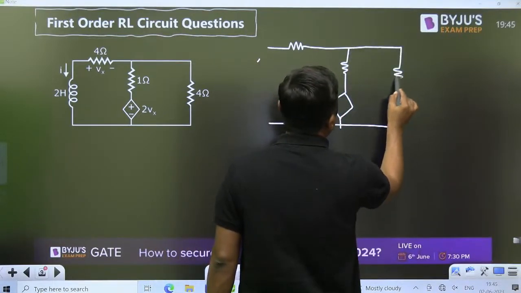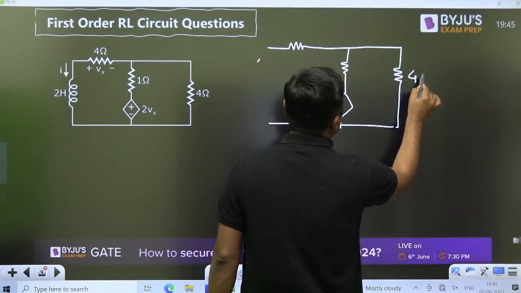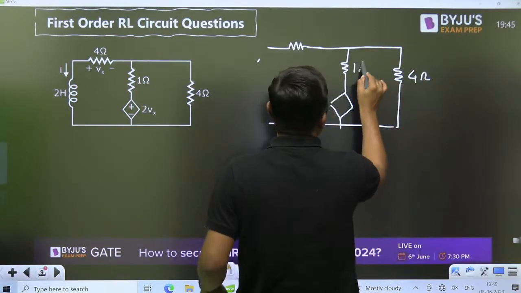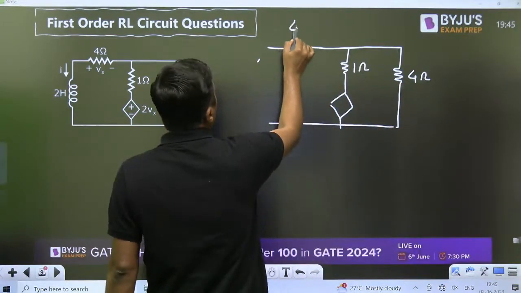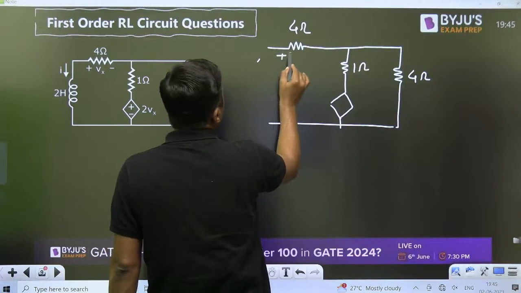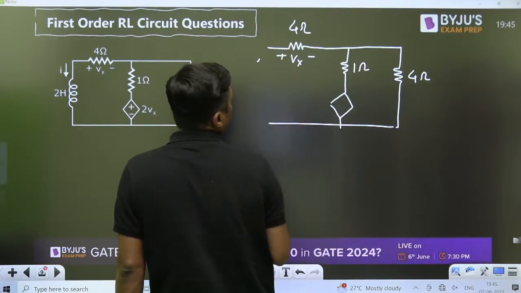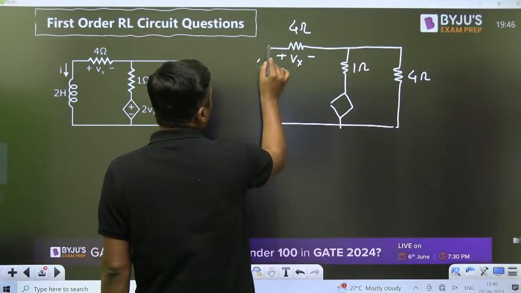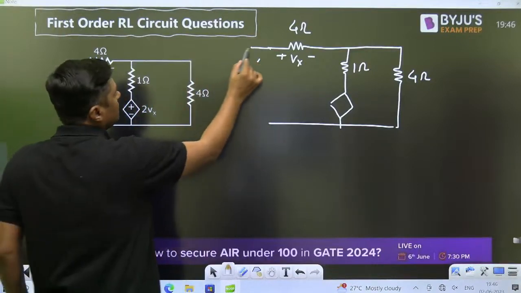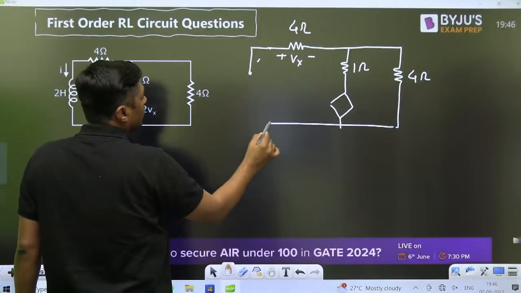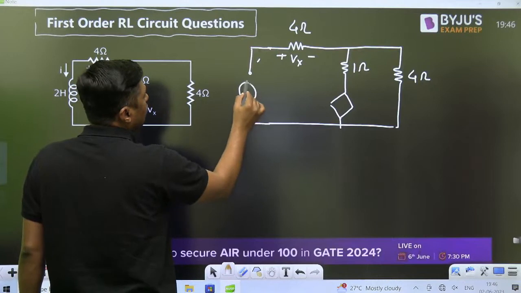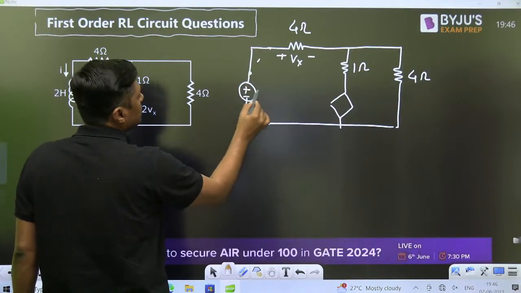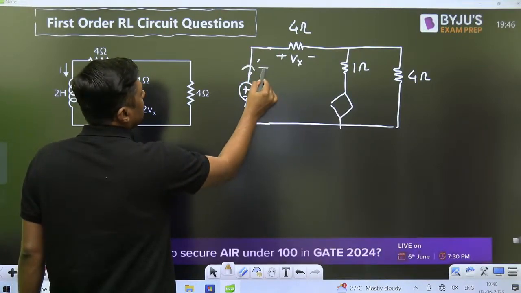This is 4 ohm, and that is 1 ohm, and that is 4 ohm plus minus Vx. This is dependent sources given. Now when we are removing the inductor, you have to connect a battery of what? 1 volt here. And let this is the current I.